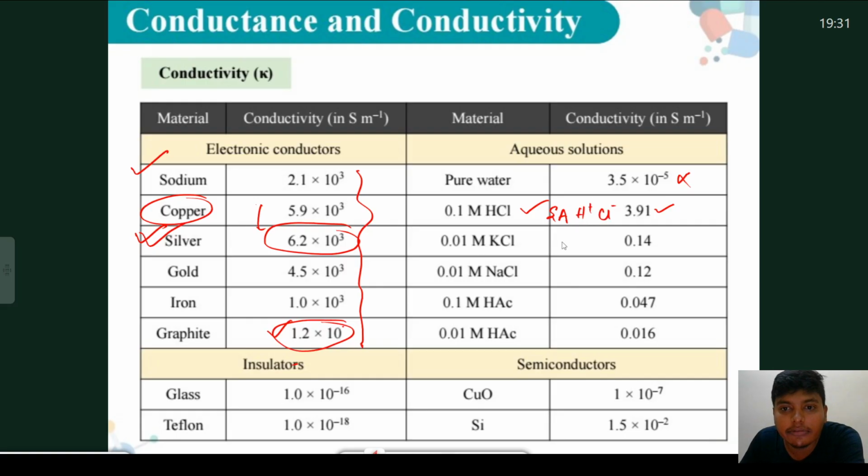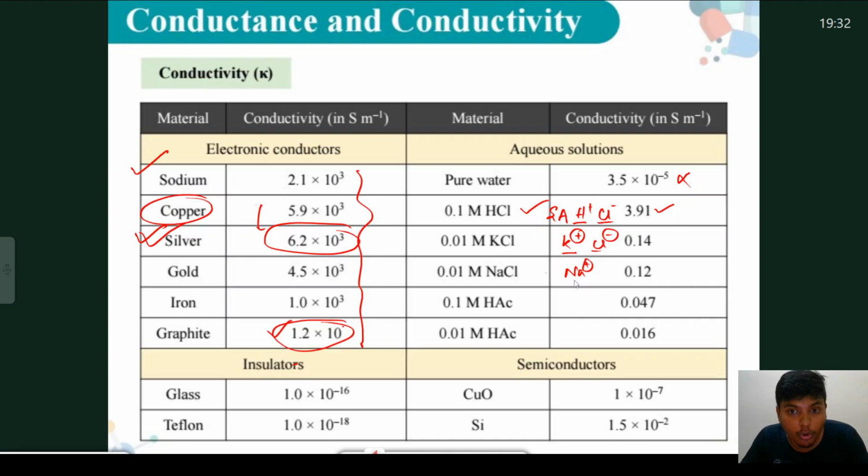Whereas KCl is a salt and has K plus and Cl minus. Both have Cl minus ion, okay. But what is the difference? H plus and K plus. Which is higher in size? Obviously K plus is higher in size. Higher in size means it will move very slowly. Slow moving means less conductivity.